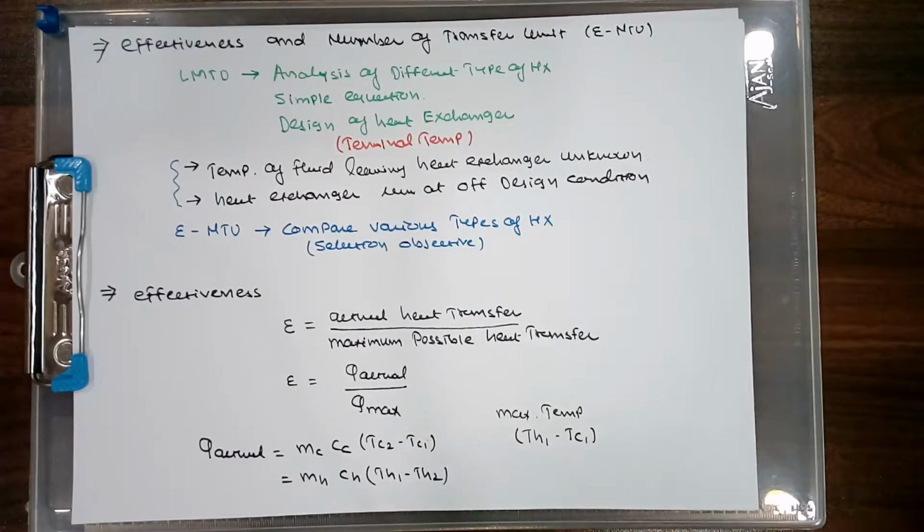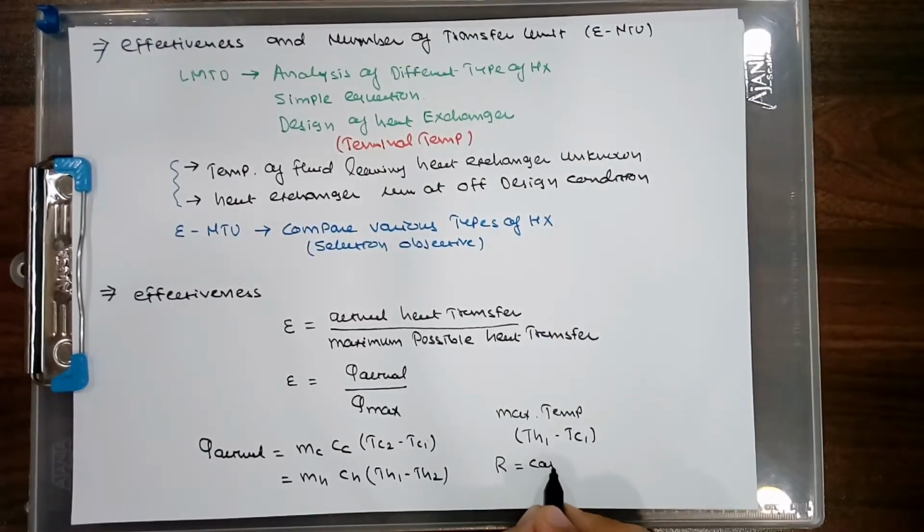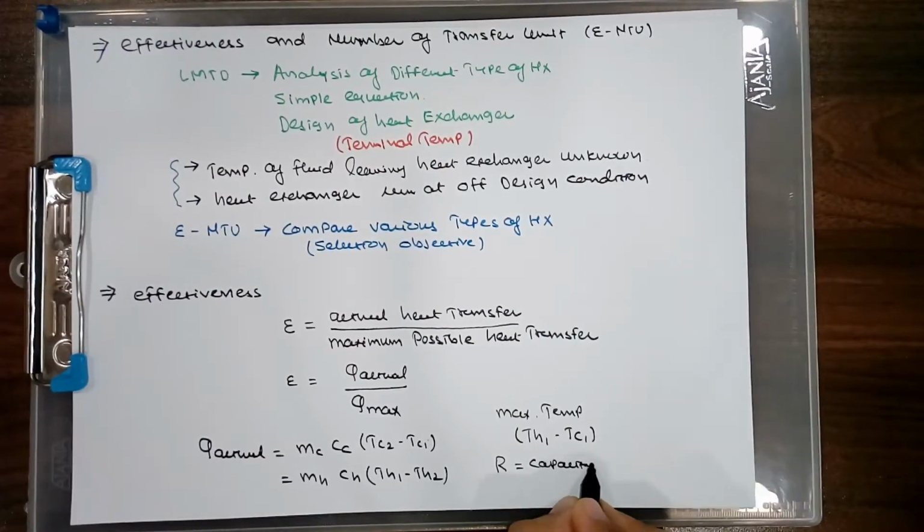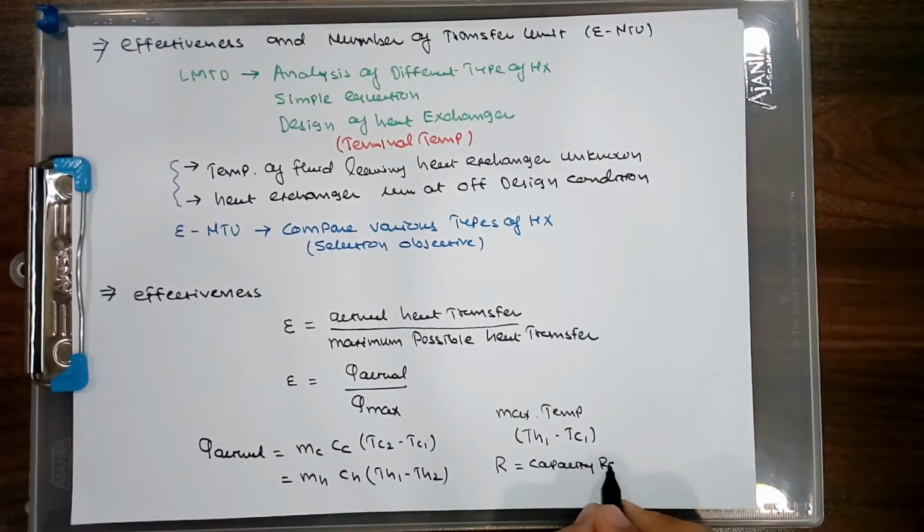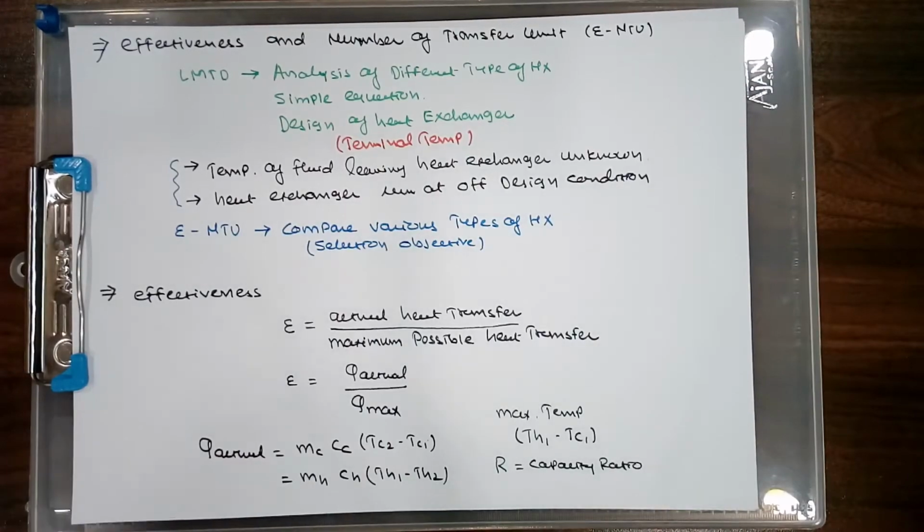As we also discussed one of the parameters R in the correction factor theory, that R is the capacity ratio.